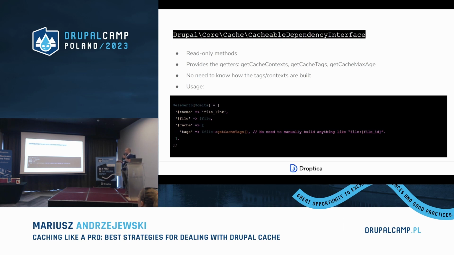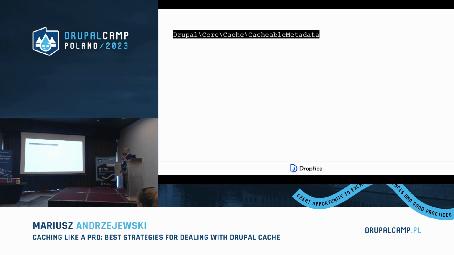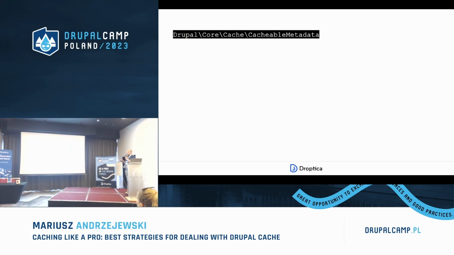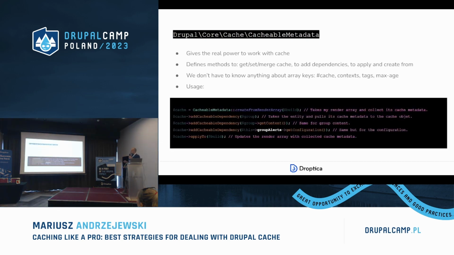It will probably return file and the file ID, but we can imagine that we extend the file entity and add something additional, maybe our custom tag, and we don't need to know about it, because we simply use the method and leave it to that particular entity to manage its tags. Very handy. This is something that I always recommend to the developers that I am working with.